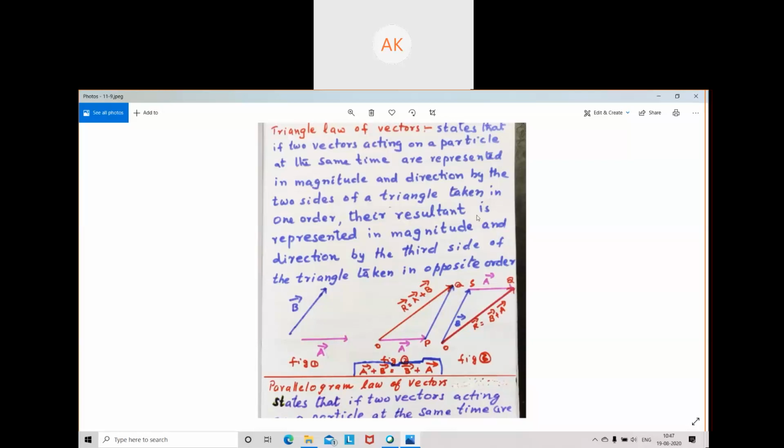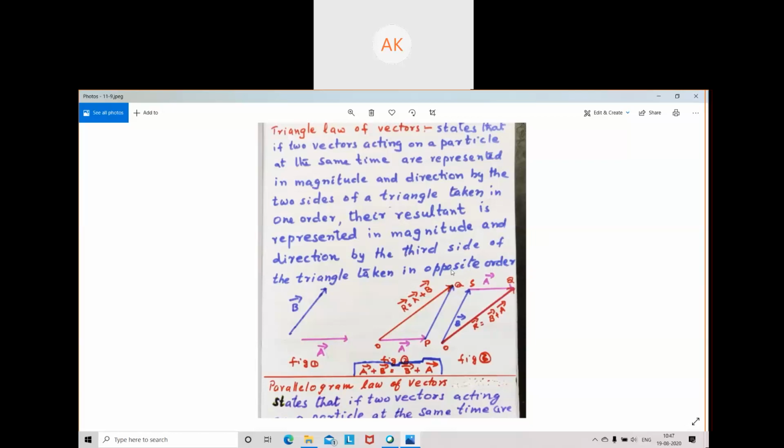It states that if two vectors acting on a particle at the same time are represented in magnitude and direction by the two sides of a triangle taken in one order, the resultant is represented in magnitude and direction by the third side of the triangle taken in the reverse order, like an opposite order.